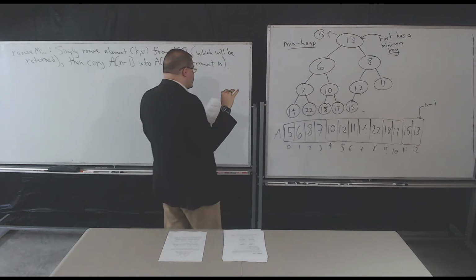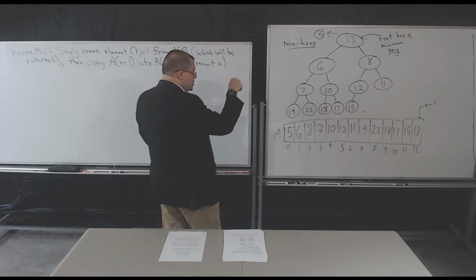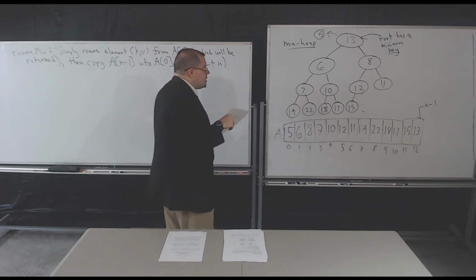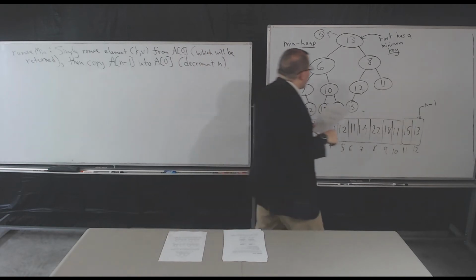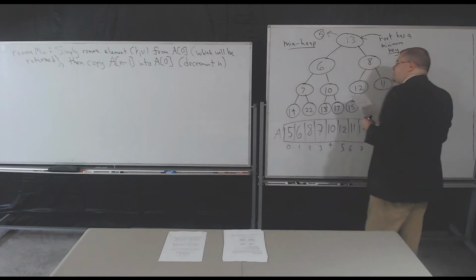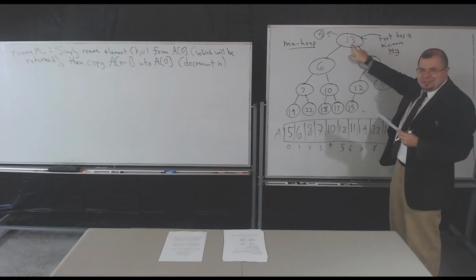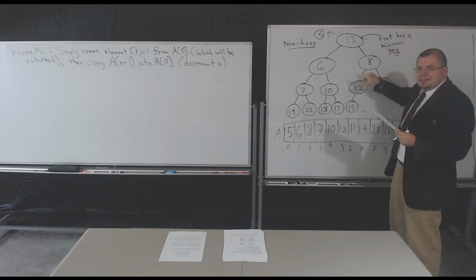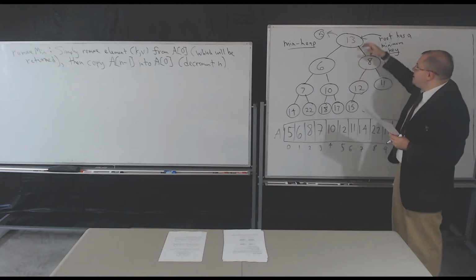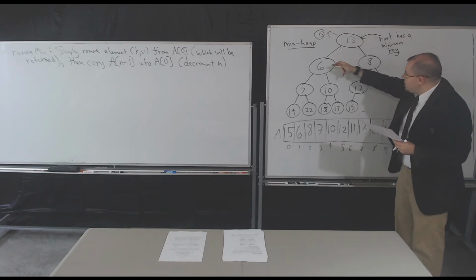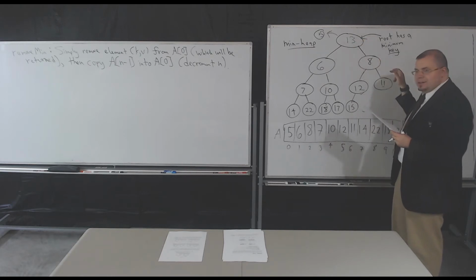I need to look at my keys here, the left and the right child. Would you agree that I would probably want to put the smallest possible key of my children up in the root? So I need to consider myself, and then consider my children.